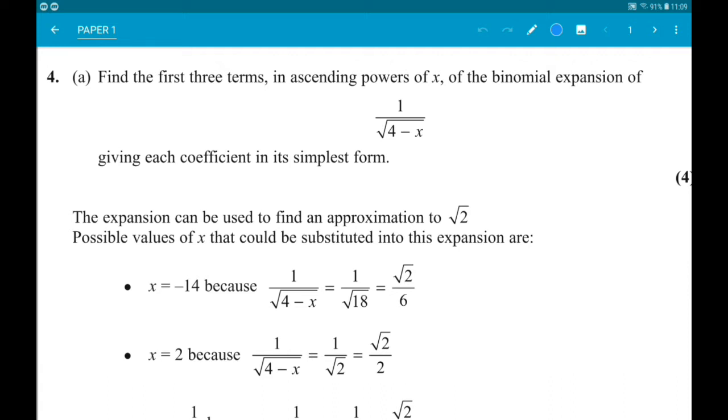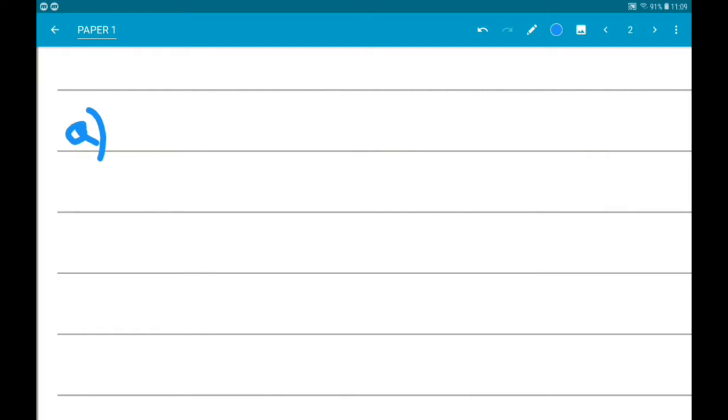Okay, so 1 over root 4 minus x in power form is 4 minus x to the minus 1/2.